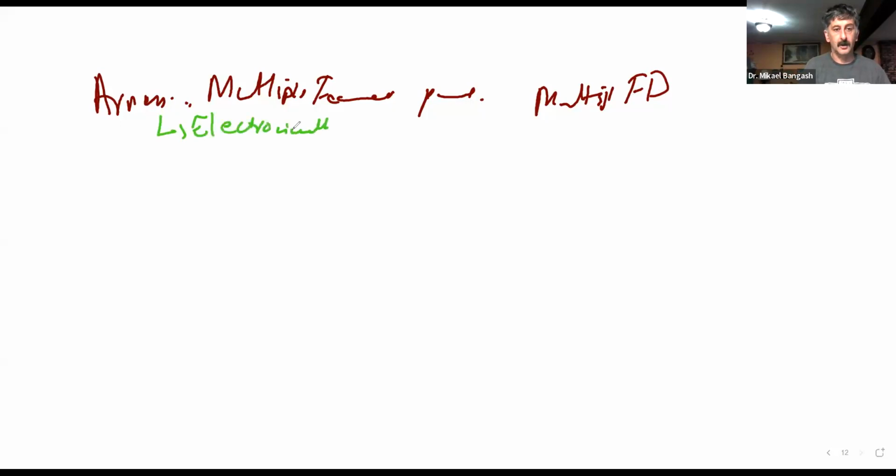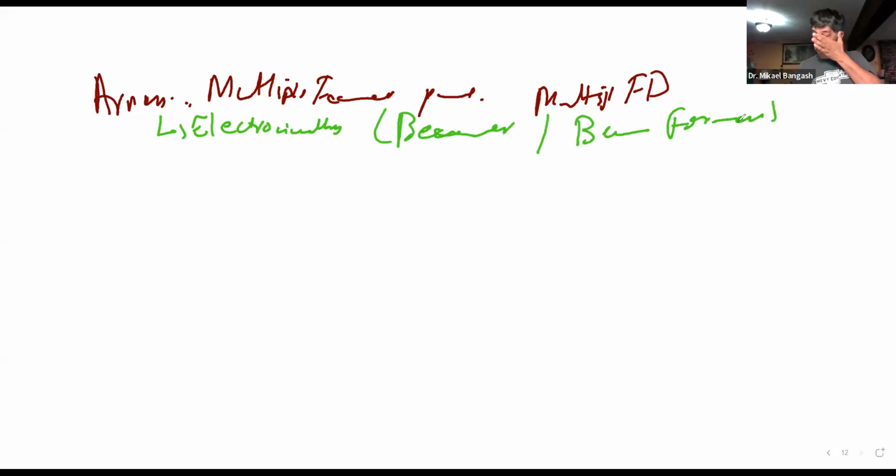Are going to be controlled electronically. Which component? Again, it's the beamer, and or the beamformer. Will determine that. Or we can say it's regulated.